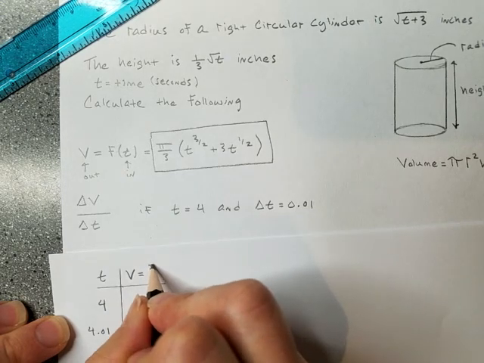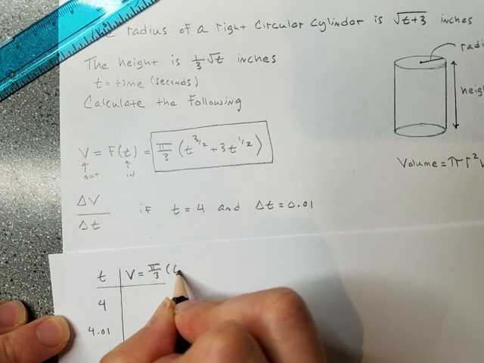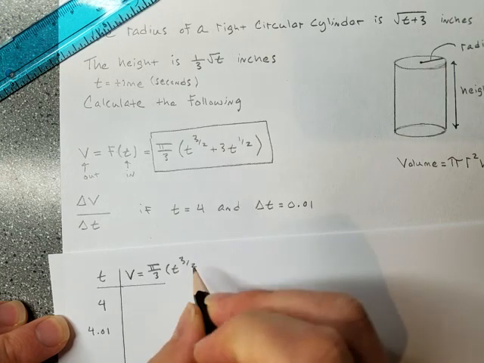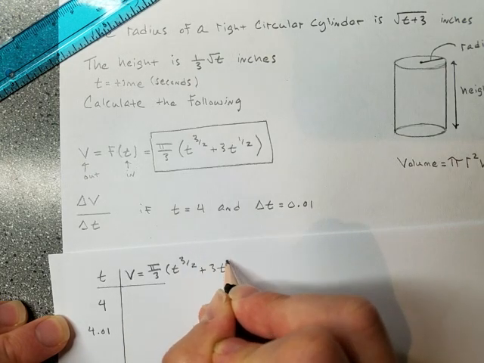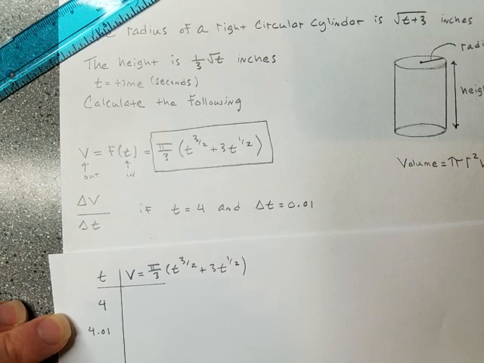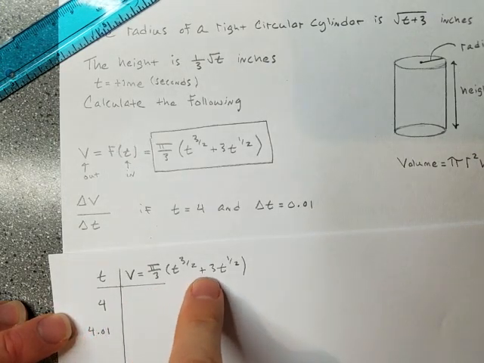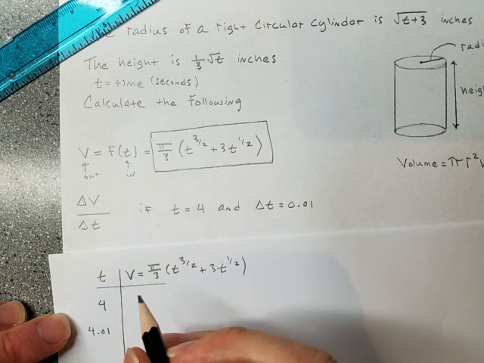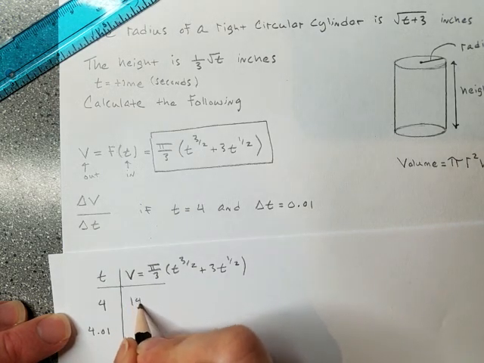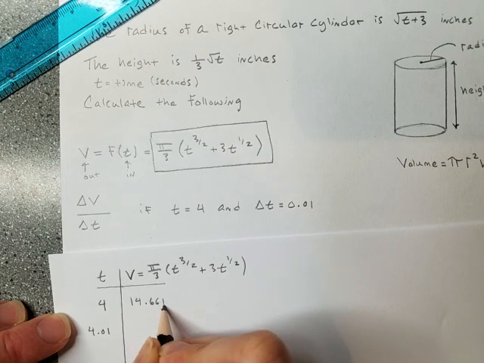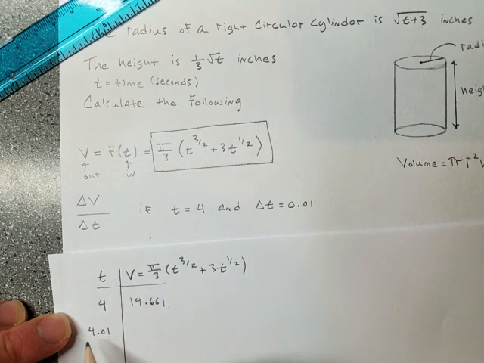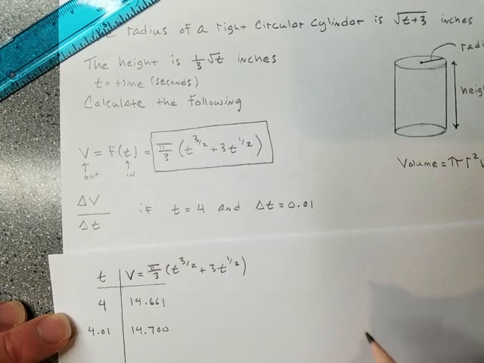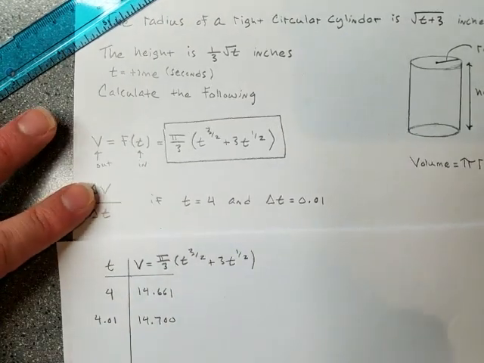So that's going to be pi over 3 times t to the 3/2 power plus 3t to the 1/2 power. Now say you do the math on this. Say you put 4 in, probably with the help of your calculator, and 4.01 in. Then here's what you'll get. You'll get about 14.661 for this one, and if you put 4.01 in there, you'll get about 14.700. Okay, so all right, those are the numbers we need.